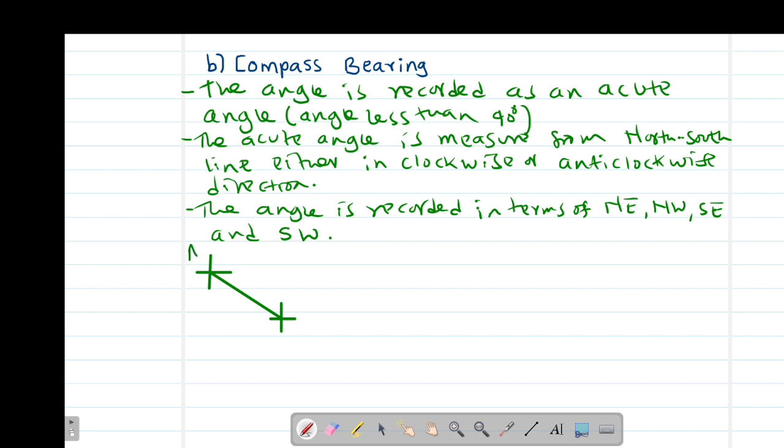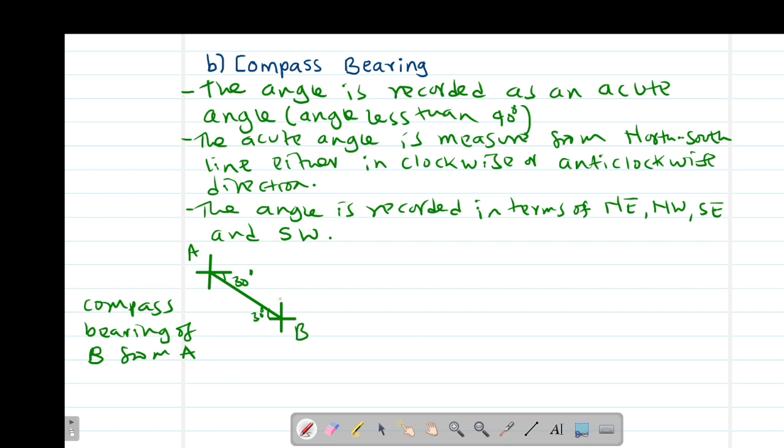Then the question asks you to find the compass bearing of point B from A. Suppose this angle is maybe 30 degrees. Then the smaller angle here must also be 30 degrees because these are vertically opposite angles.